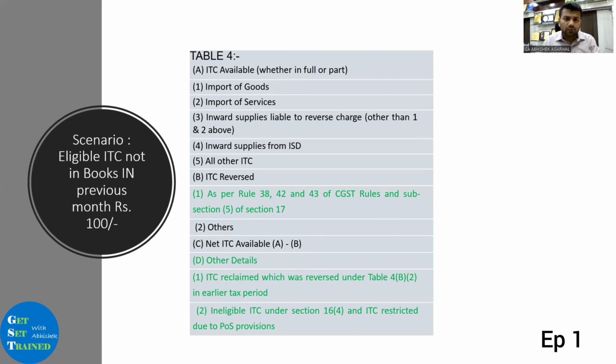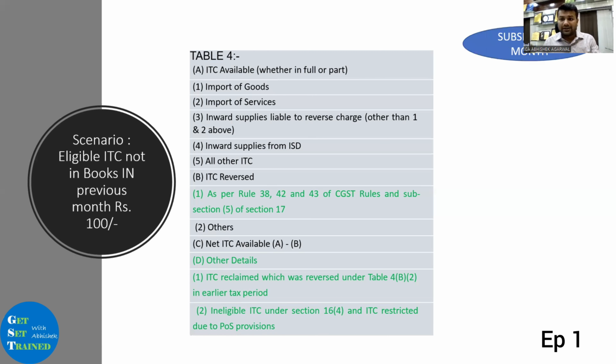So what you need to do, friends, please understand, for the month of June: since it will be coming in your GSTR 2B, the same figure will be considered in 4A5, all other ITC. And since you have not received the goods, you are not eligible to take the credit. The same will be temporarily reversed in 4B2. This will be your return for the month of June.